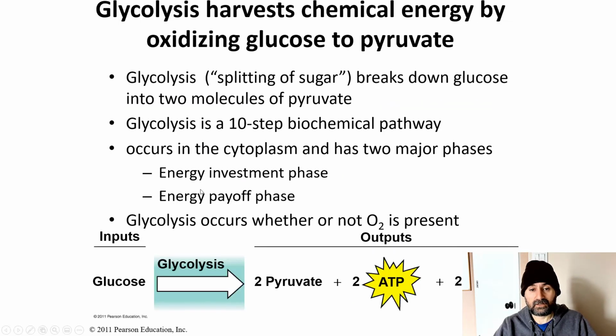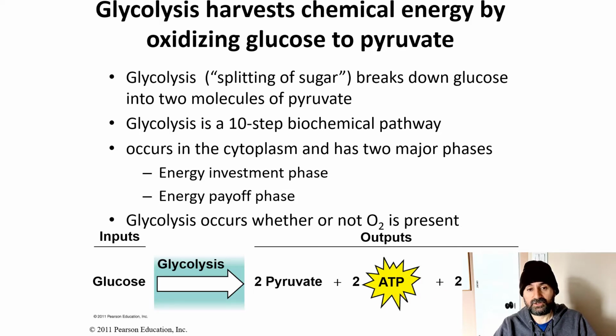Remember, glycolysis occurs where? Glycolysis occurs in the cytoplasm. And what does the equation look like? You start with glucose, and during glycolysis, the products are 2 pyruvate, 2 ATP, and 2 NADH.